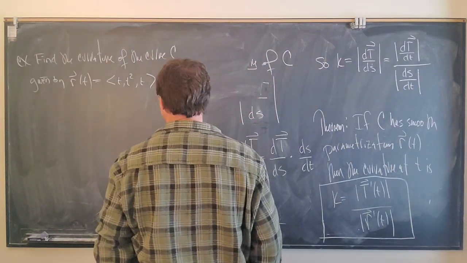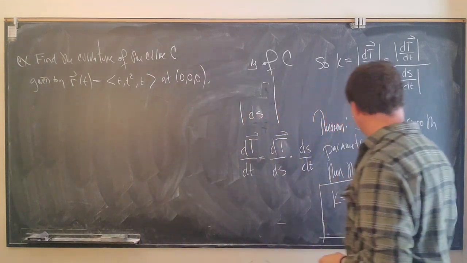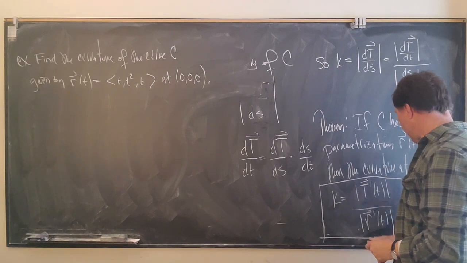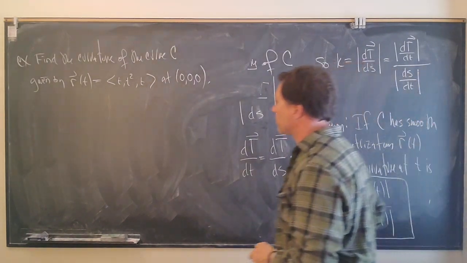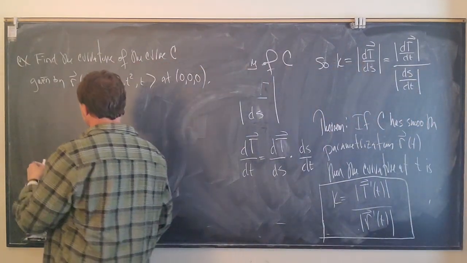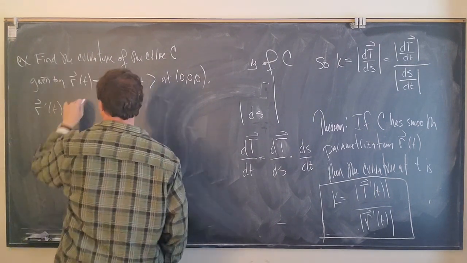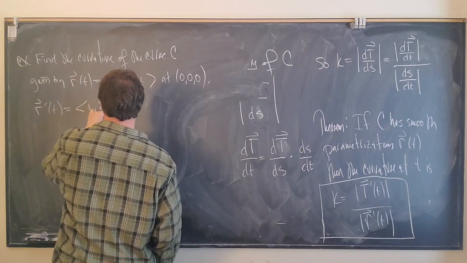Okay, so let's see what we need here. We're going to need the derivative of the unit tangent vector, and then we're going to divide that by the length of the derivative of the position vector. So we're going to need some derivatives here. So r prime of t is equal to (1, 2t, 1).